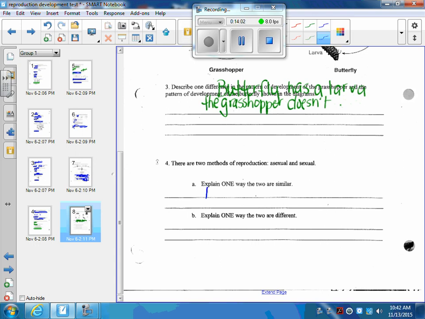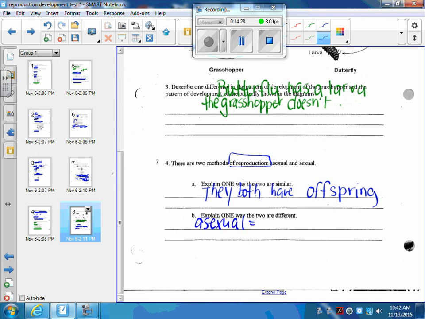Okay? They both produce offspring. If you wrote they both have babies, well, amoebas don't consider their little guys babies. They're just offspring. They both have offspring was the answer that we were looking for. You can't say they both involve reproduction because it tells you that in the paragraph. Explain one way they're different. Asexual is identical.